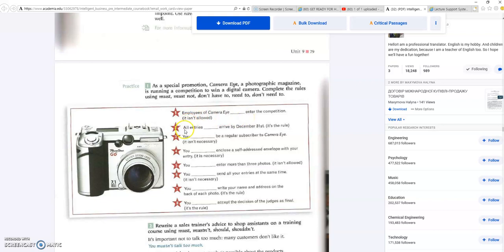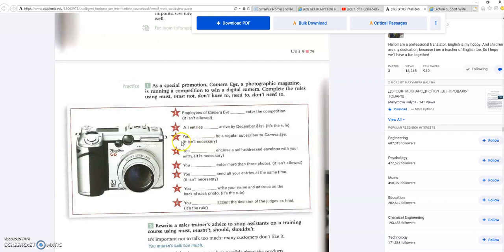Number 2, all entries blank arrive by December 31st. So it's the rule. Okay? Is it need to or must? I think, to be honest with you, either one would be okay, but which one's the better of the two, do you think?